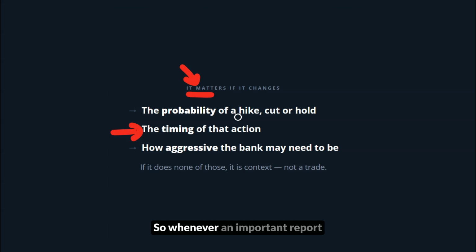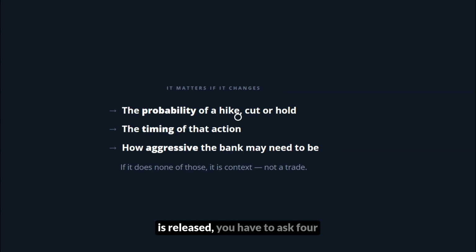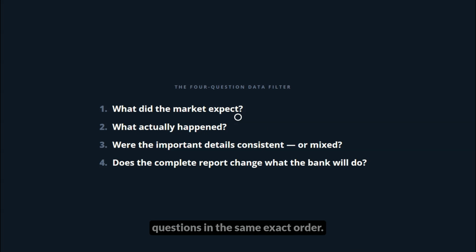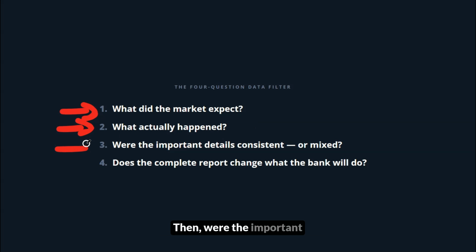So whenever an important report is released, you have to ask 4 questions in the exact same order. First, what did the market expect? Second, what actually happened? The analysis of the data. Was it as expected? Was it more or less than expected? Then, were the important details consistent or mixed? Now, the details here are what I think 98% of retail traders never heard about or never know because it's not in the economic calendar.